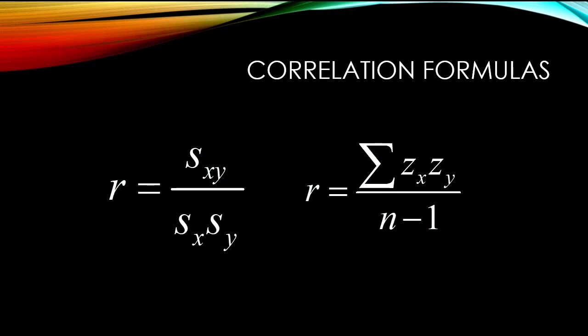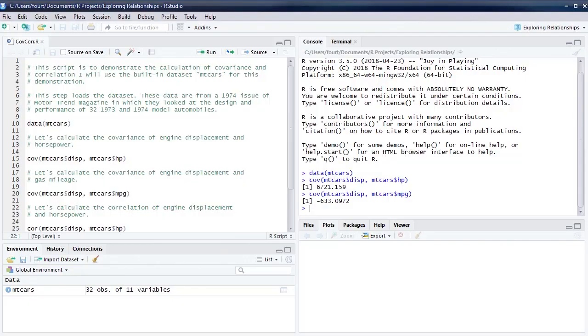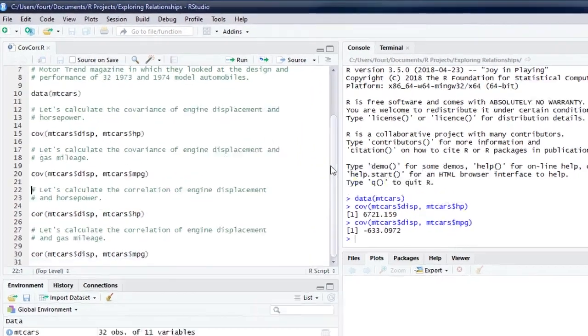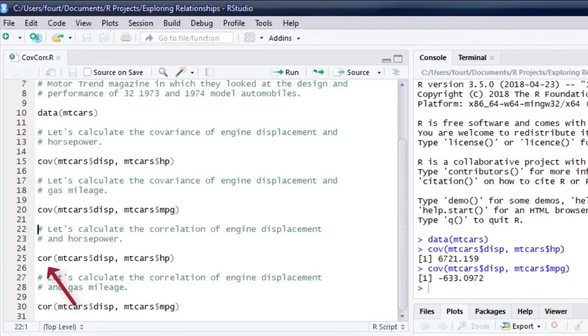Again, we are saved from doing these calculations thanks to our friend R. If I want to calculate the correlation of engine displacement and horsepower, I use the function cor, short for correlation, and use the two variables, displacement and horsepower, as the parameters.